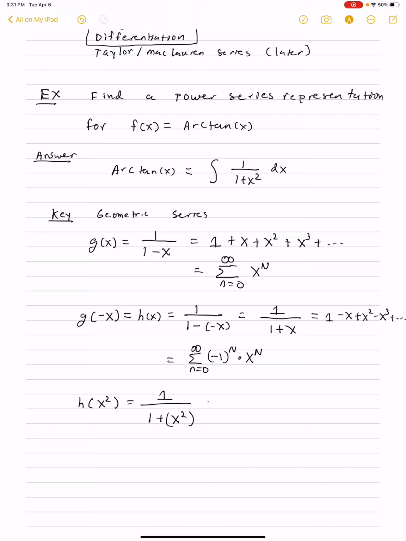And this is going to be 1 minus x squared plus x to the 4th minus x to the 6th, and so on. This is the same as the summation from n equals 0 to infinity of minus 1 to the n multiplied by x to the 2n. Great.